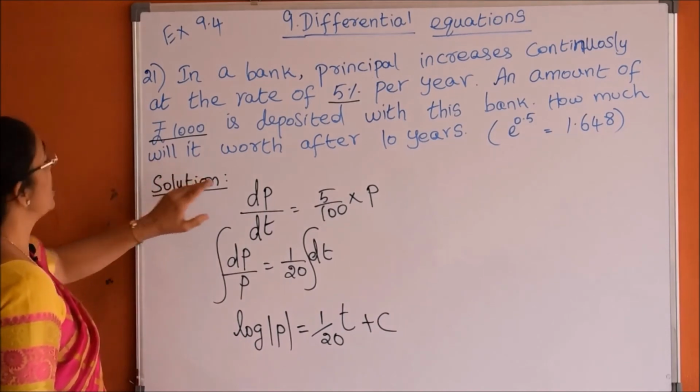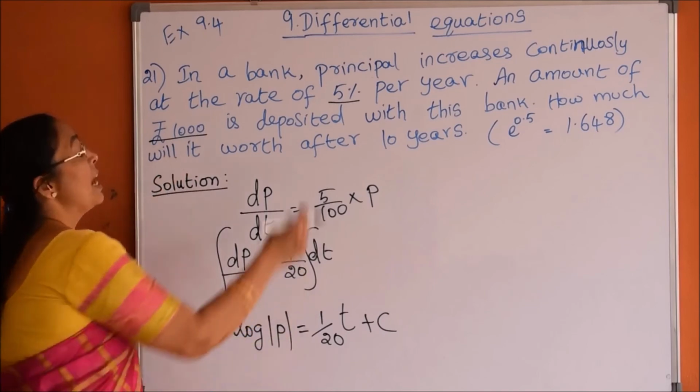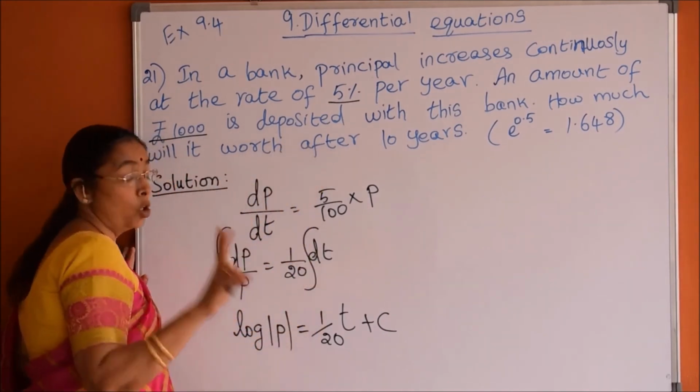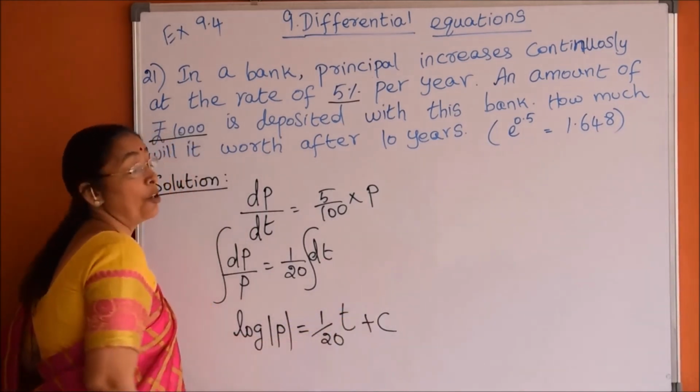Our question is, how much will it be worth? That is, we have to find out the principal after 10 years. To find the principal, t is there already, and c we have to find out.